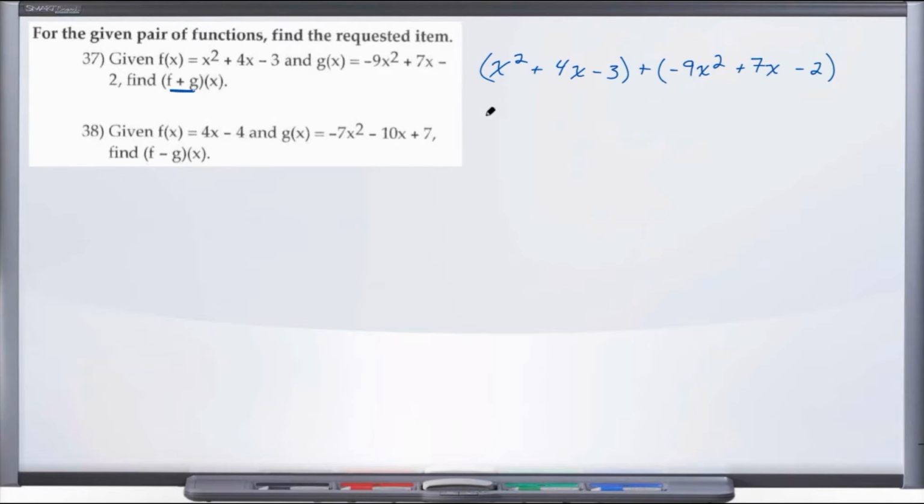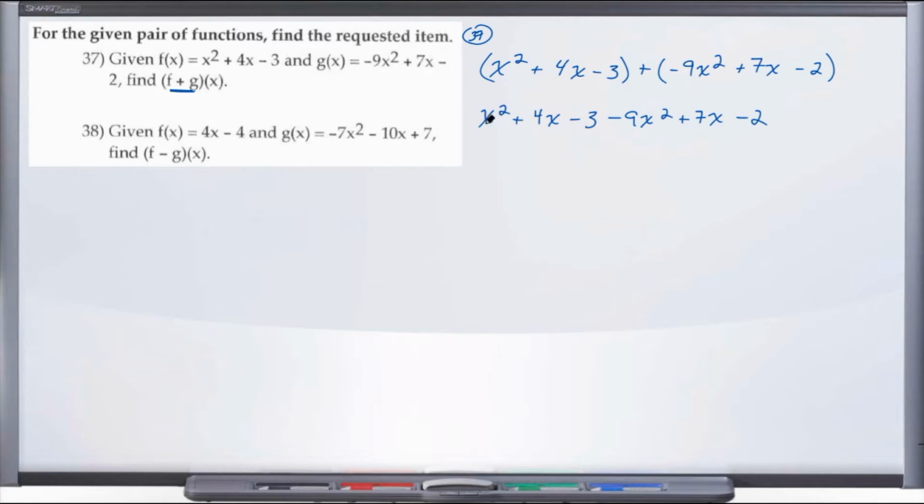And so we can go ahead and drop both sets of parentheses and see if we can combine any like terms. So when we drop our parentheses, and let me real quick label this, this is 37. We have x squared plus 4x minus 3, and then minus 9x squared plus 7x minus 2. Let's combine our like terms if we can.